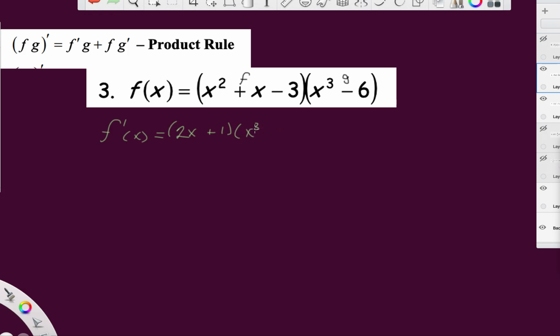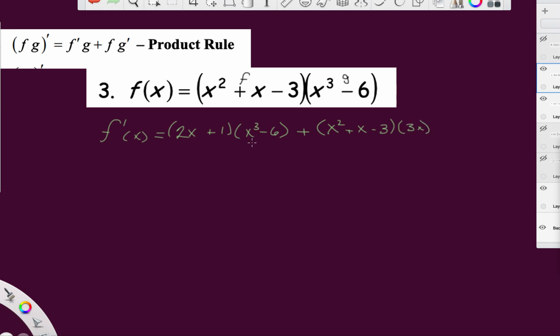So it's x cubed minus 6. And then we're going to add to it the whole of the f term, plus x minus 3. And then we'll take the derivative of this guy, which is just 3x.